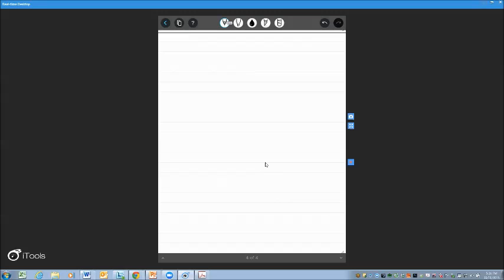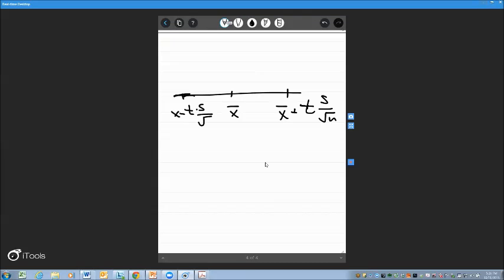I know that my confidence interval is centered about x bar, and on one side it's x bar plus t times s over the square root of n, and on the other we get x bar minus t times s over the square root of n. That's what I use if I have to estimate the sample standard deviation. So if we don't know sigma, we use that.